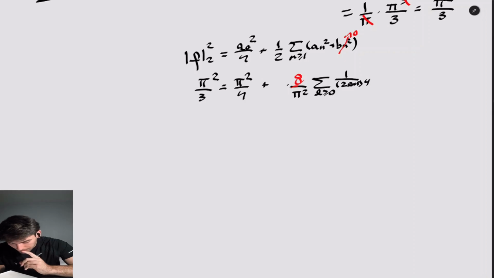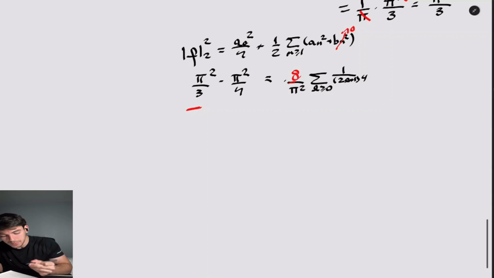All right. Okay, so let's do this. We have here at this side pi squared divided by 3 equals pi squared divided by 4 plus, so we'll have a minus here and an equal here. I just switched sides for the pi squared divided by 4.